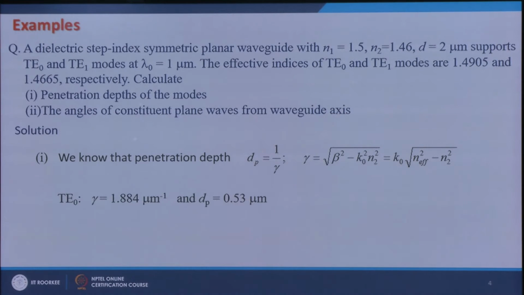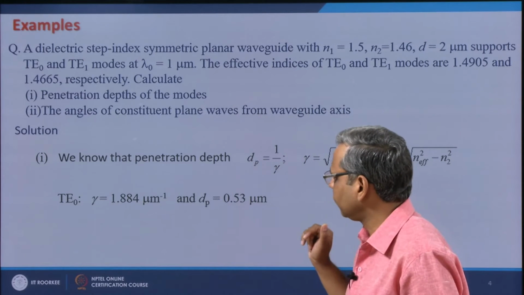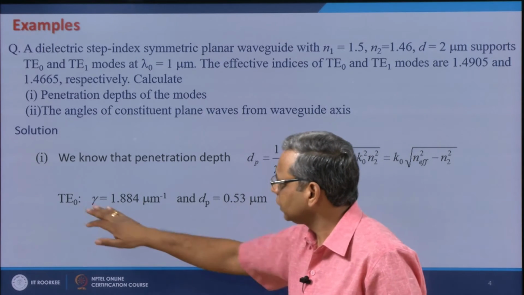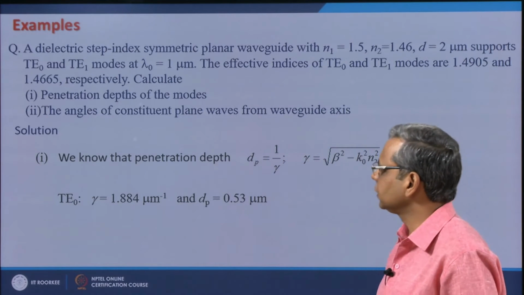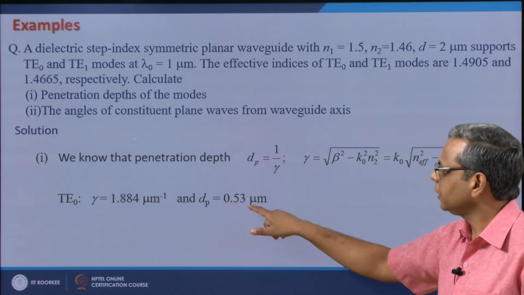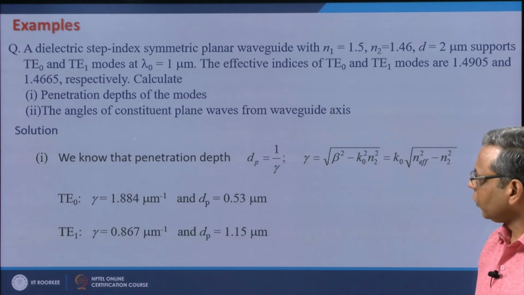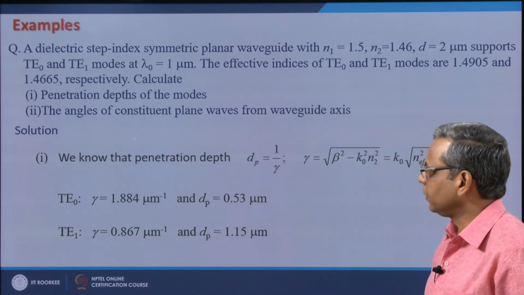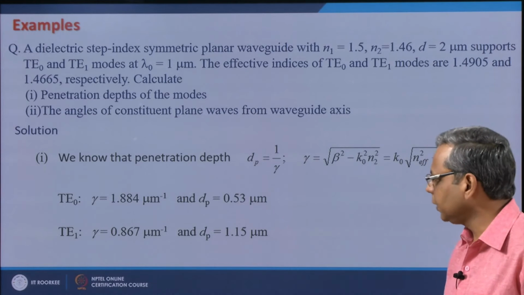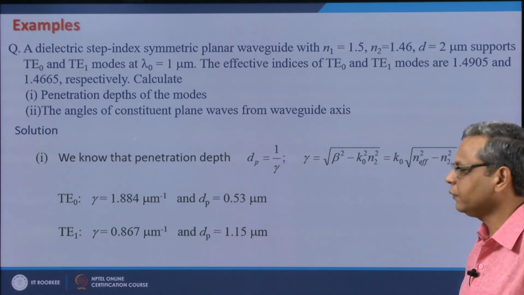If I now calculate gamma for both modes, then for TE0 mode, gamma is equal to 1.884 micrometer inverse, and correspondingly the penetration depth is 0.53 micrometer. For TE1 mode, gamma comes out to be 0.867 micrometer inverse, and correspondingly the penetration depth comes out to be 1.15 micrometer.